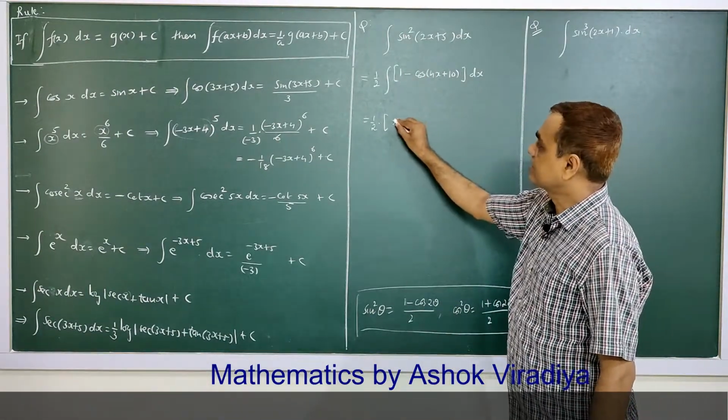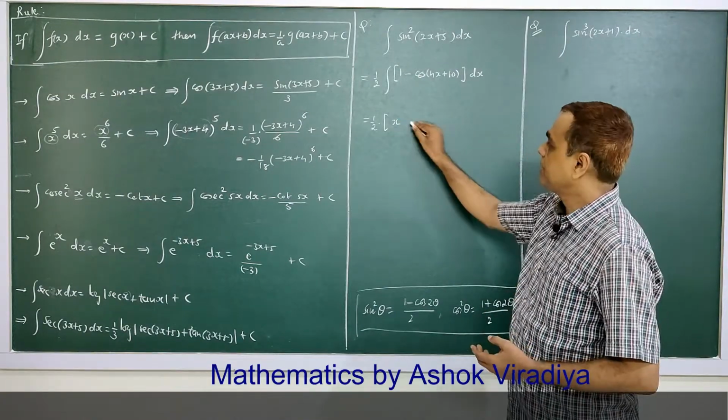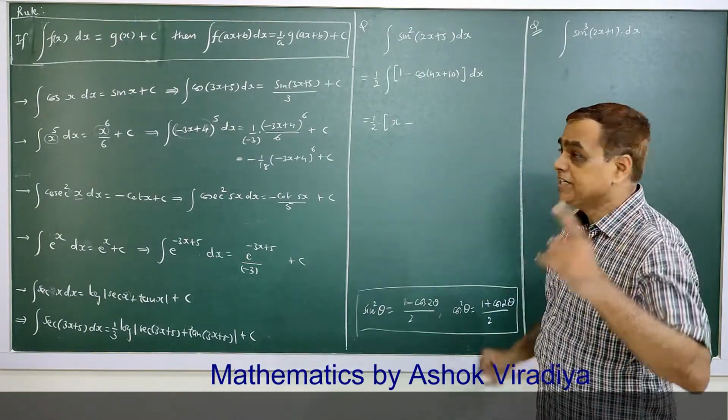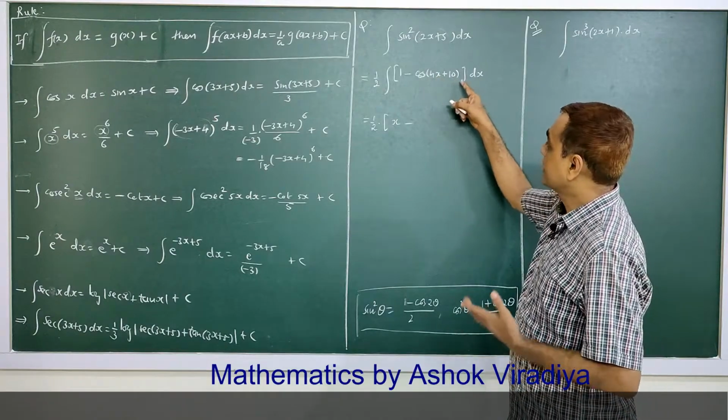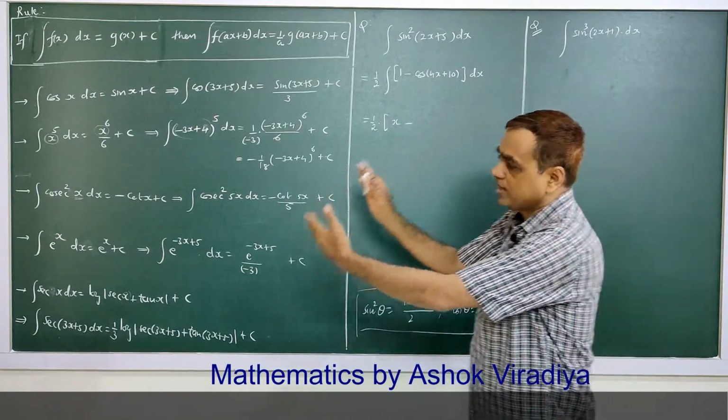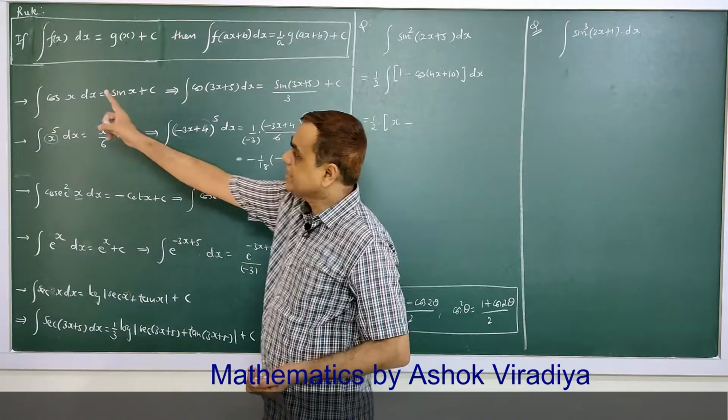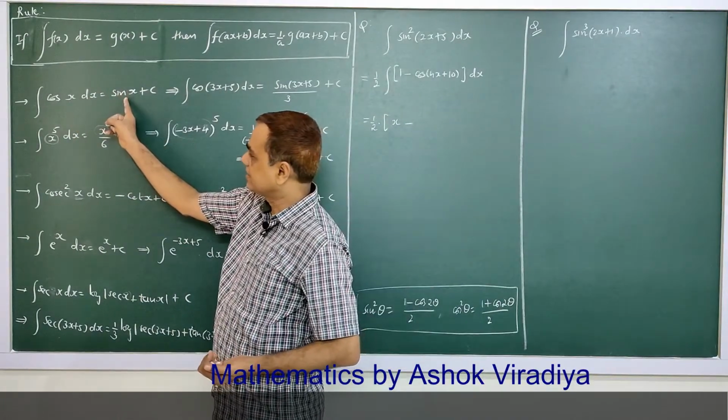Integral of 1 is x minus integral of cos of 4x plus 10. Now we use this formula. Integral of cos x is sin x.